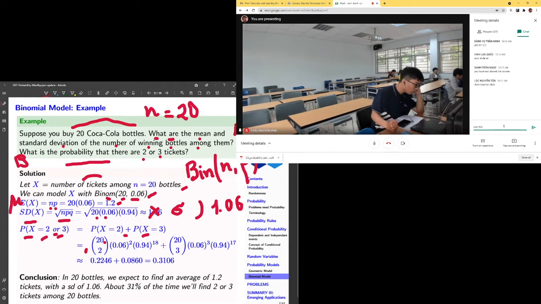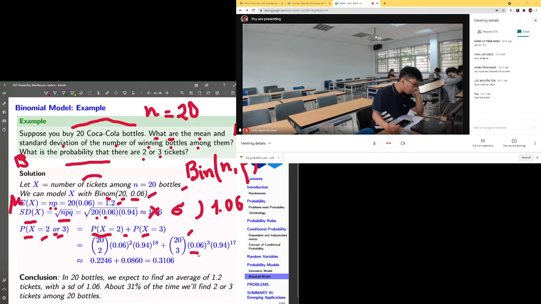The first likelihood will be here. You see the formula right here, n choose 2, then n choose 3. You know the last formula I asked you. Now we apply it here.